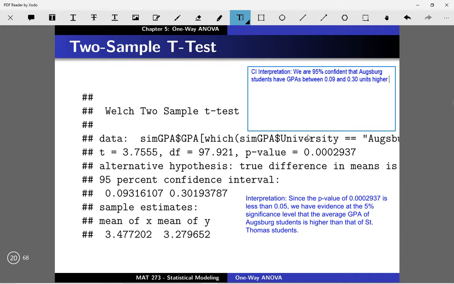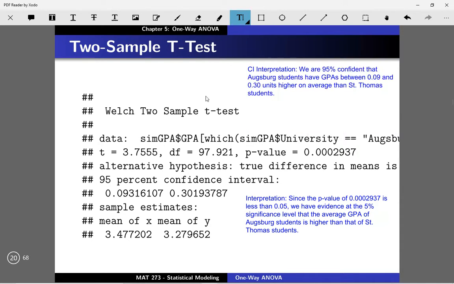I don't think there's actually units, grade units or something for GPAs. Higher on average than St. Thomas students. All right, so we are 95% confident that Augsburg students have GPAs between 0.09 and 0.30 units higher on average than St. Thomas students. And I got those values from here. Okay. So that's how we'd interpret the confidence interval.